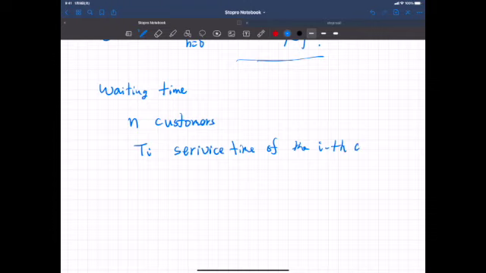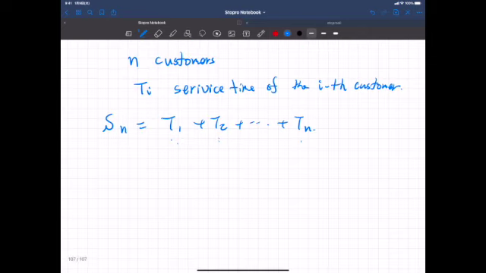Okay. So the total time the new customer has to wait will be this: Sn equals t1 plus t2 plus and so on up to tn, right? So n customers are served, each of them for this amount of time. So the sum is the total waiting time.